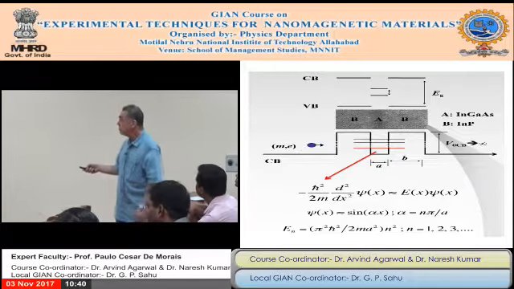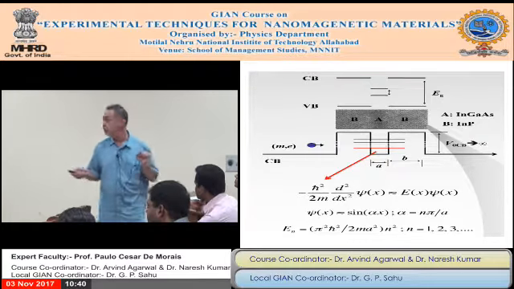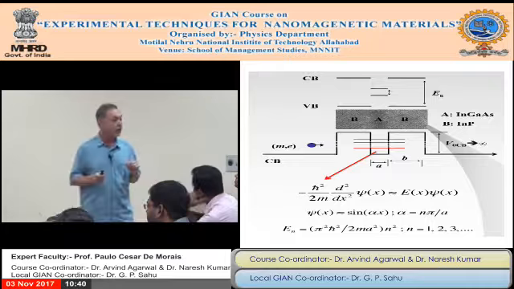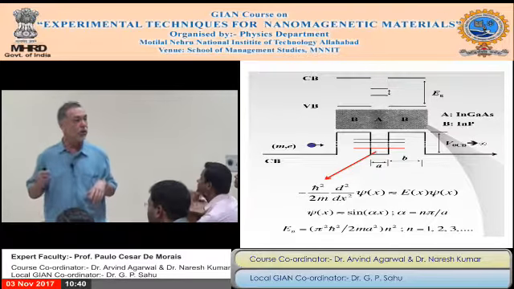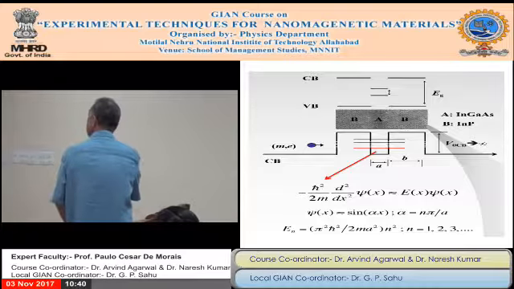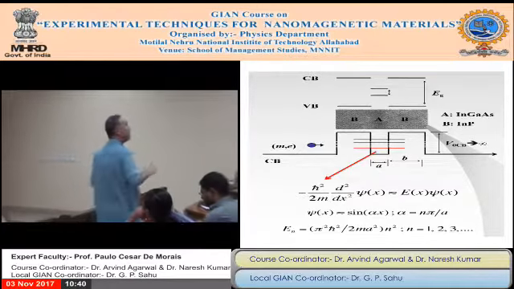And then you can calculate. It's not very hard to calculate these energy levels. Not very hard, I can tell you. It is the solution of the Schrödinger equation, for a finite barrier, not an infinite barrier.